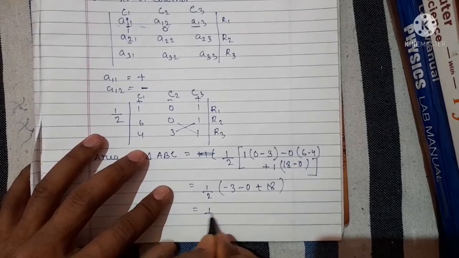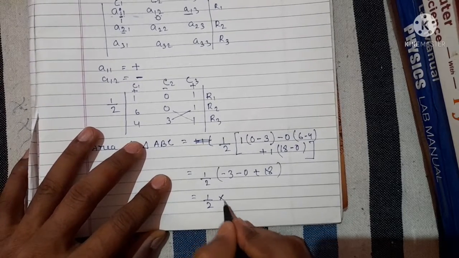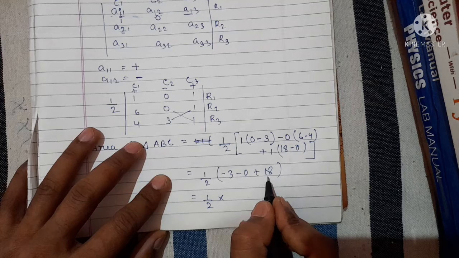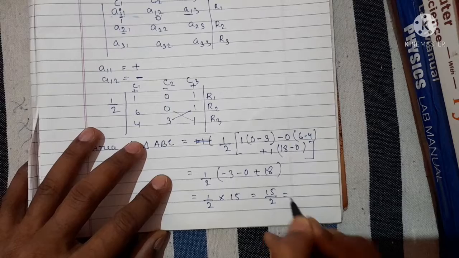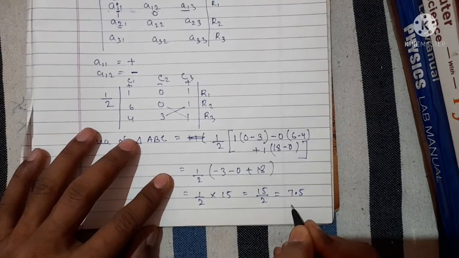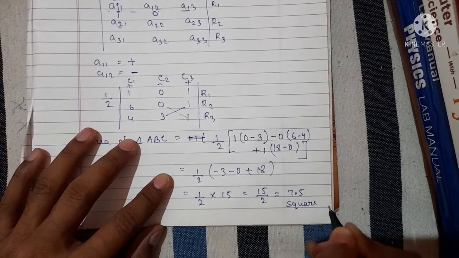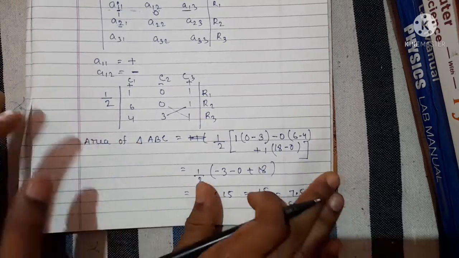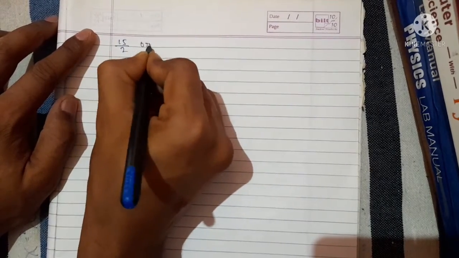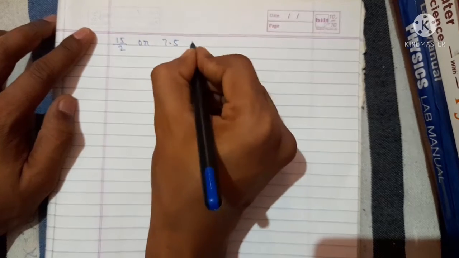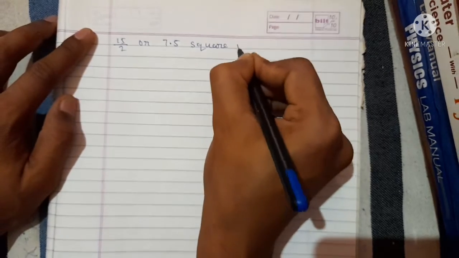Now half into minus 3 plus 18 equals plus 15, which is 15 by 2, equals 7.5 square unit. Let me write the answer. The answer we obtain will be 15 by 2 or 7.5 square unit, because we write the area in square unit, right?